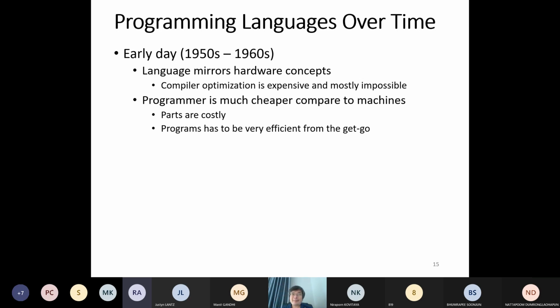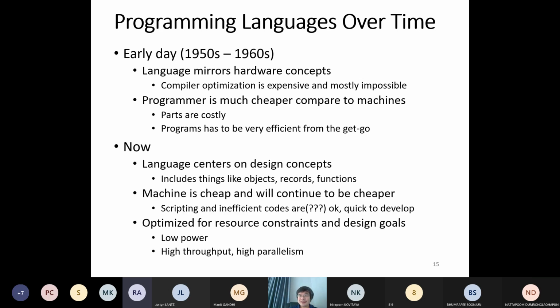Parts are costly, and the program has to be really efficient from the get-go. So you will interface with something similar to, say, assembly. Back then we used punch cards, right? We used punch cards to program things, and the programmers would just squeeze their brains out to figure out how to program this machine.